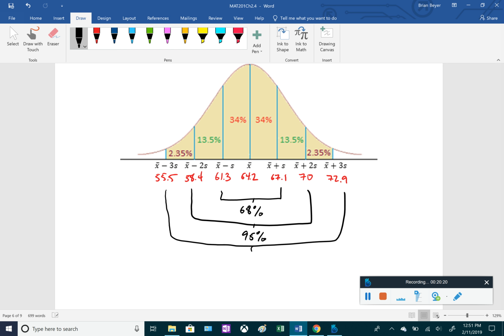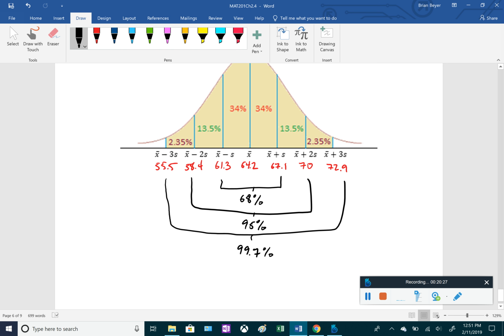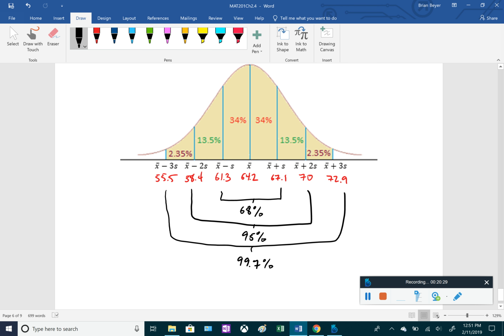And we know that 99.7% of the data falls between those two because they are three standard deviations away from the mean. You can see the way the graph has it chopped up with the percentages. It's the same concept, they just have it chopped up. For example, between one standard deviation and two standard deviations, 13.5% of the data falls between that. Same idea, they just have it chopped up a little differently on the graph.